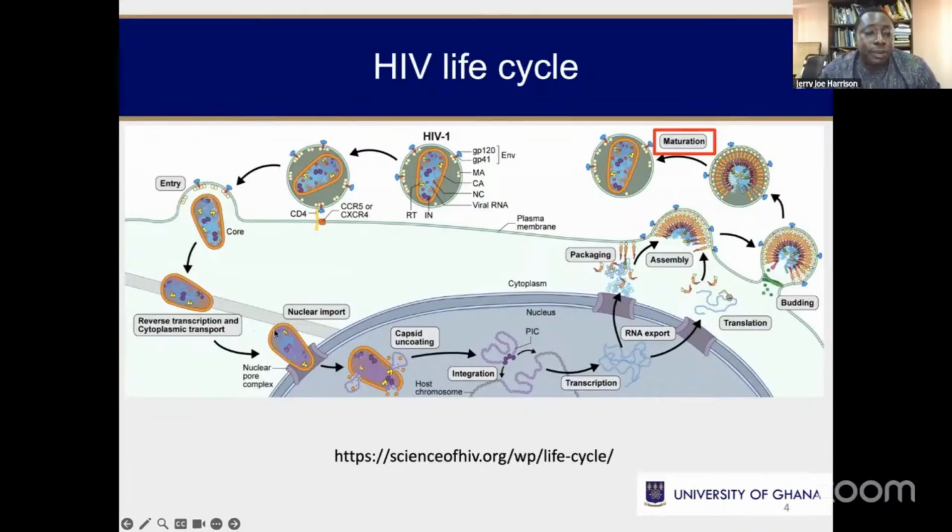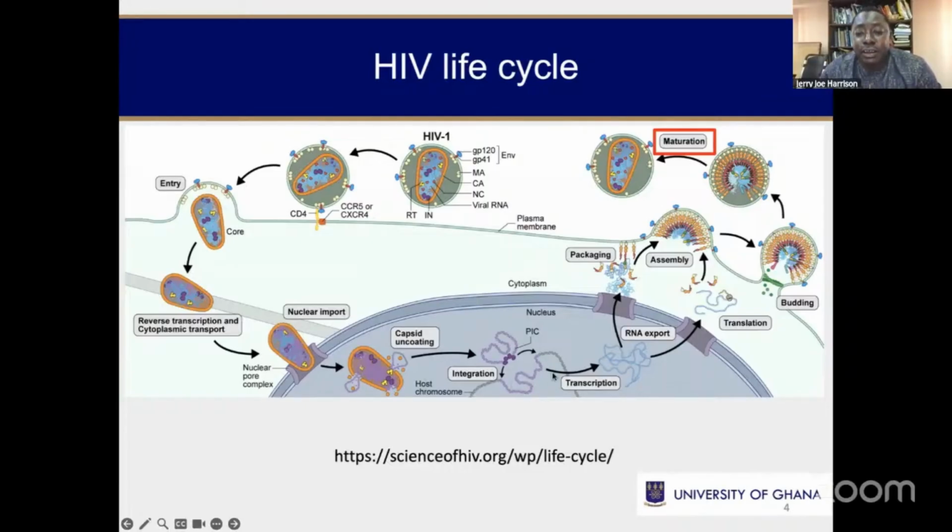The core gets docked at the nuclear pore complex and gets deposited into the nucleus, where disassembly of the capsid takes place, and that integrase picks up the double-stranded DNA and then inserts it into the host genome.